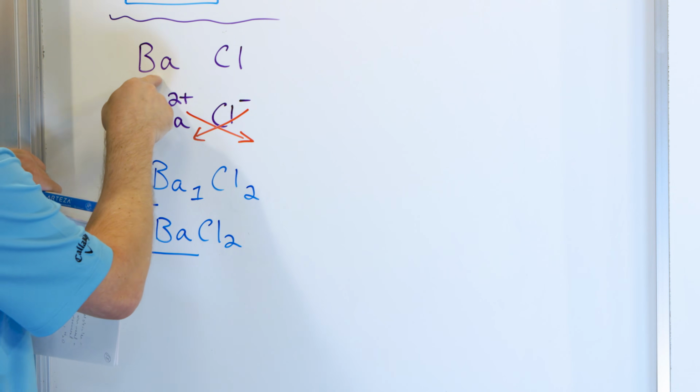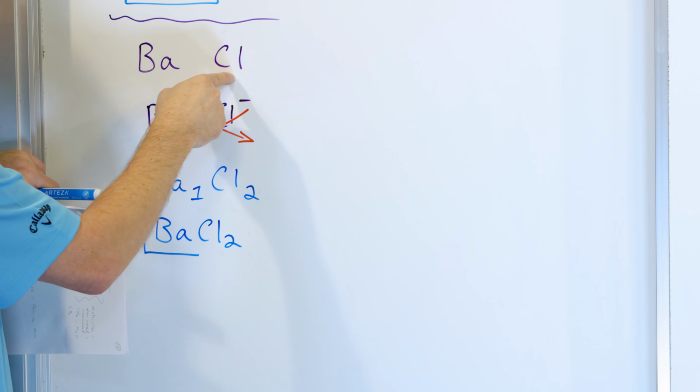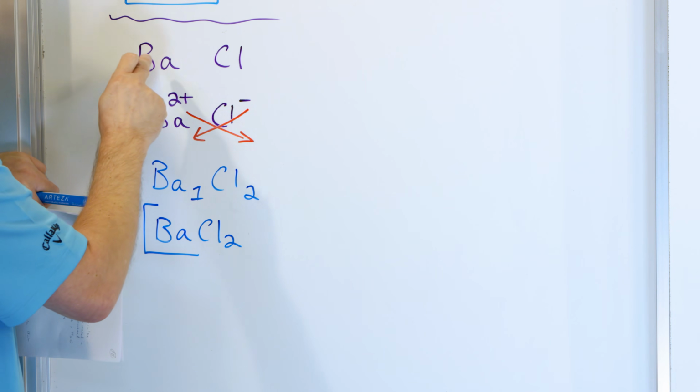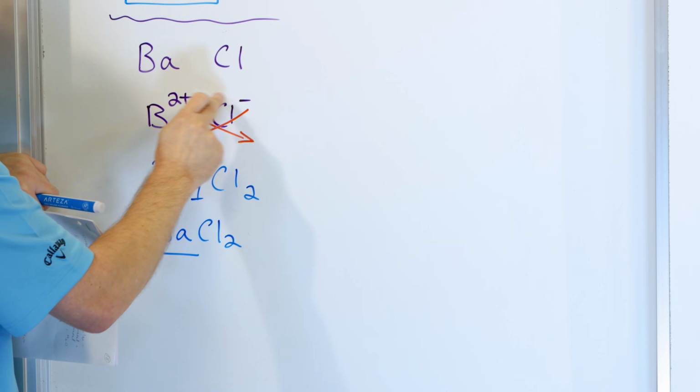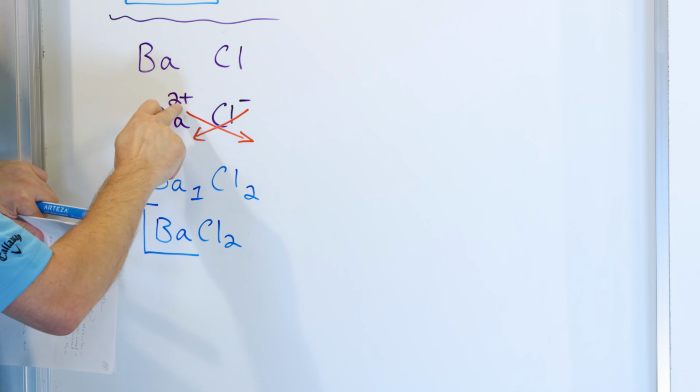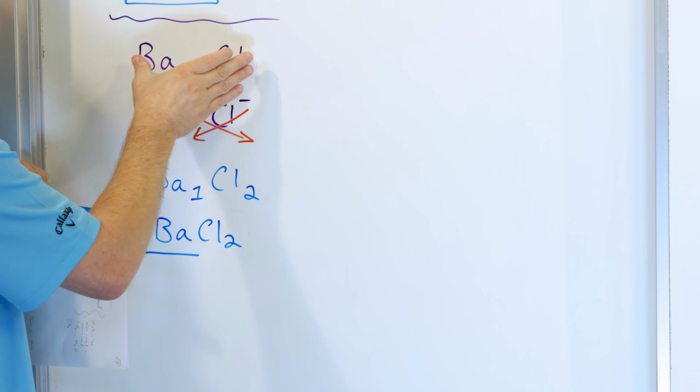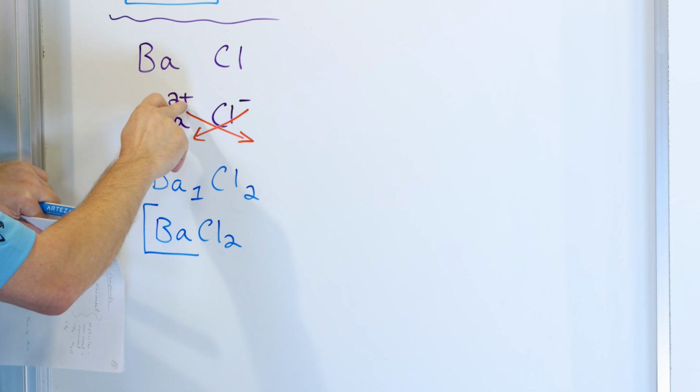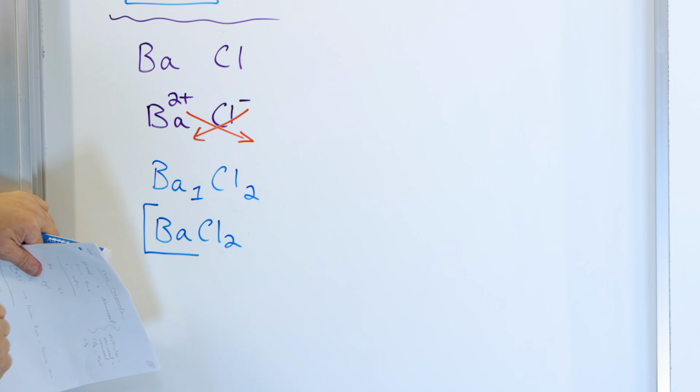Because if I had 1 barium and 1 chlorine stuck together in a 1:1 ratio, I would have a charge of +2 and -1, so an overall charge of positive 1.